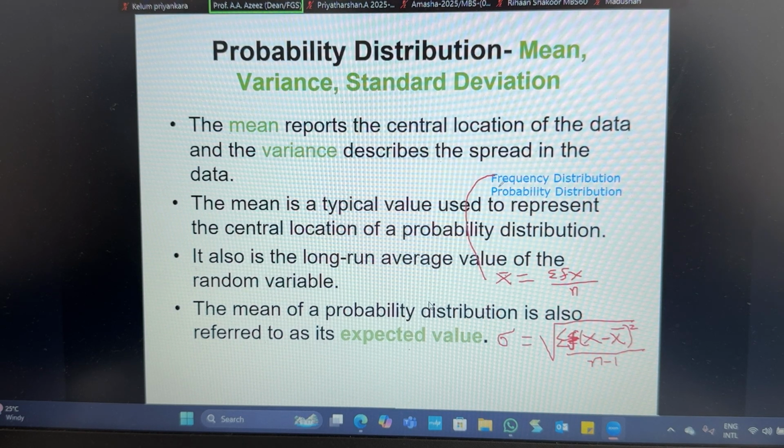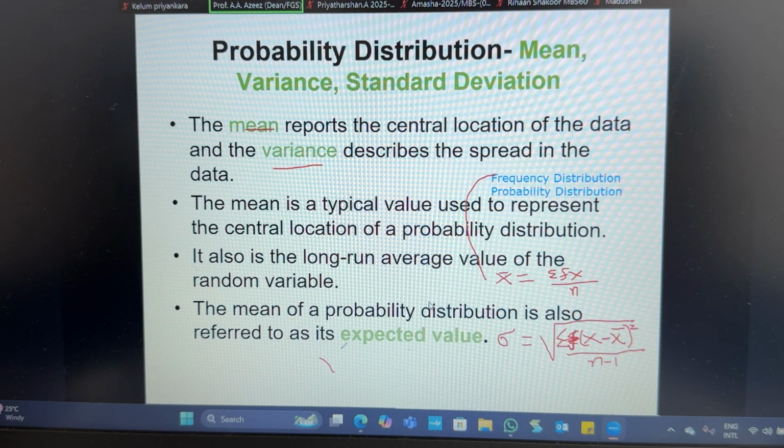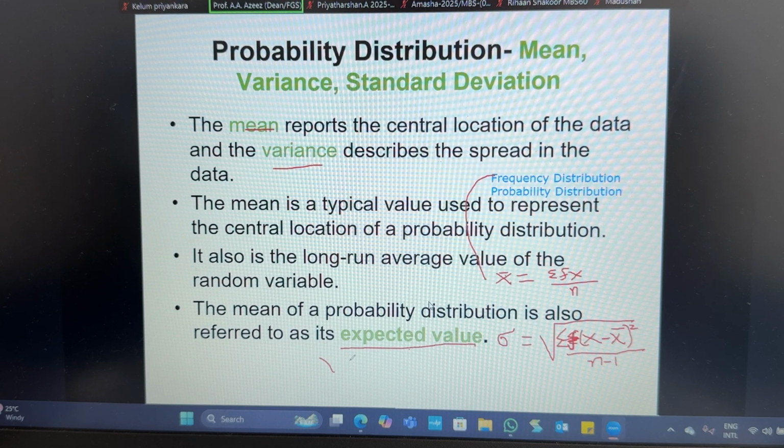Now for the probability distributions, how do we calculate the mean and variance, and from there the standard deviation? Here, x bar we call the mean, or expected value, E(x), or mu. This equals sigma xi pi, that is, x i times the probability p(xi).